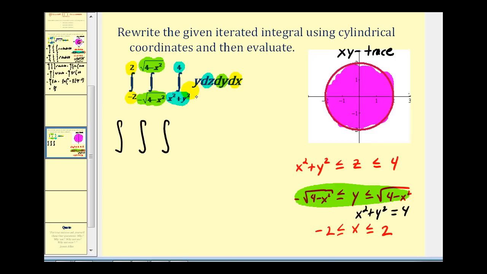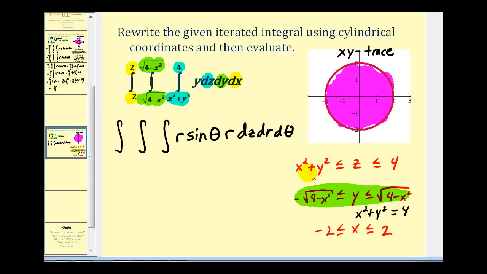Y is equal to r sine theta, and then when converting to cylindrical coordinates, dz, dy, dx gives us an extra factor of r, and then dz, dr, d theta. Now let's take a look at the limits of integration for z. We know z is bounded by x squared plus y squared and 4.